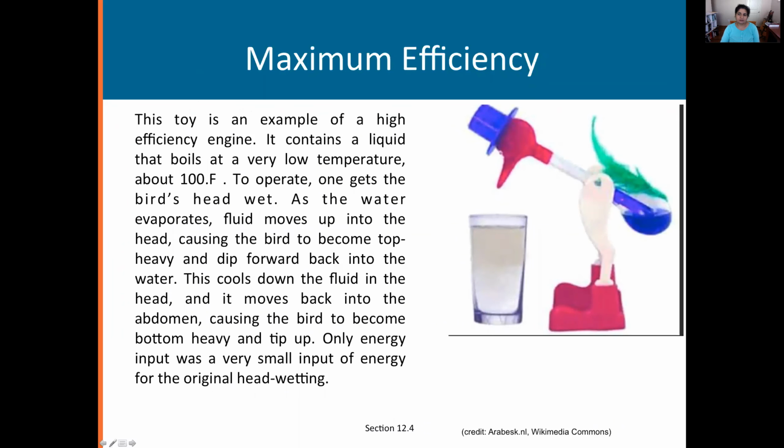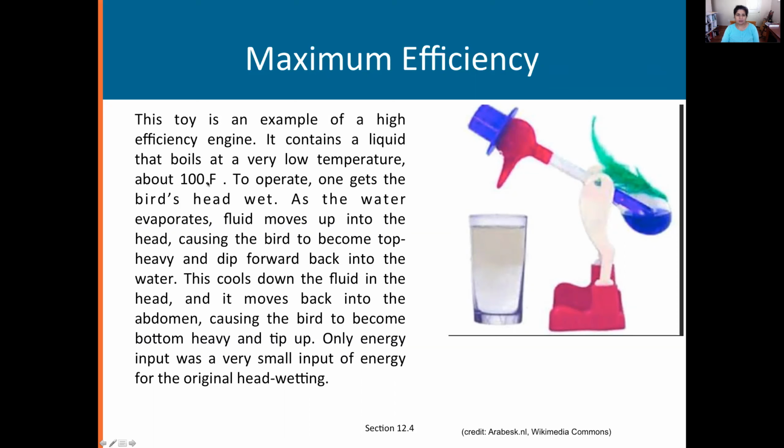You might have seen this toy bird which keeps drinking water and going back up, drinking water. It's essentially doing a cyclical process. It has a special kind of fluid filled in it, which might be dyed different colors. And that fluid has the property of evaporating at very low temperature. So it boils at very low temperature.